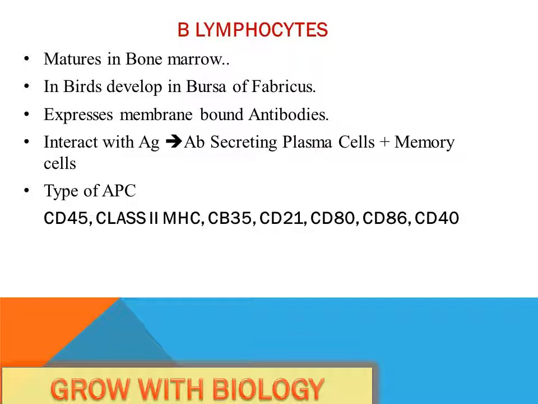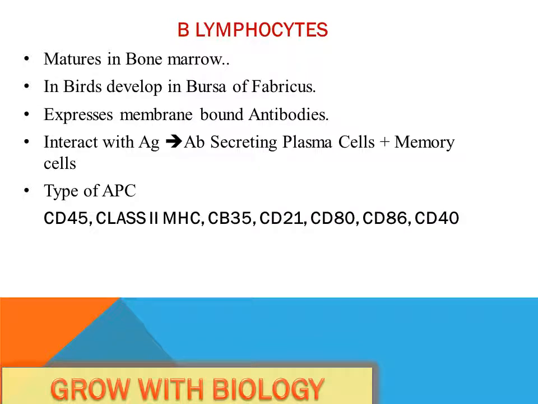Whenever an antigen interacts with a B cell, it secretes antibody, and the antibody-secreting cell is known as plasma cell, whereas the cell that stores the memory is the memory cell. So B cell is of two types: antibody secreting plasma cell, and memory cell, which remembers the type of antibody it has secreted.